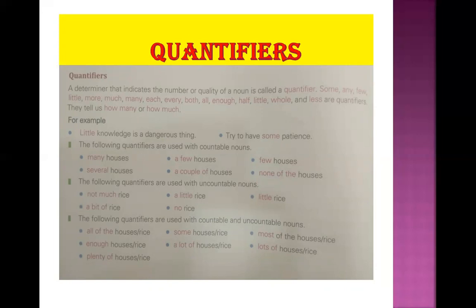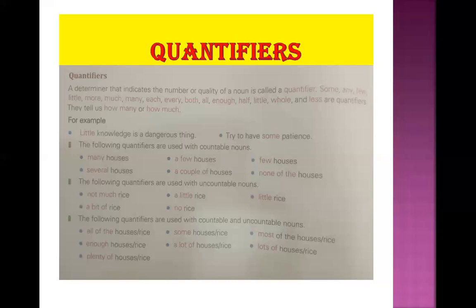They tell us how many or how much. For example, little knowledge is a dangerous thing. So here little is acting as a quantifier determiner. Try to have some patience.